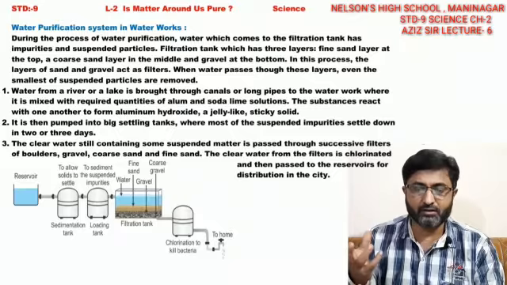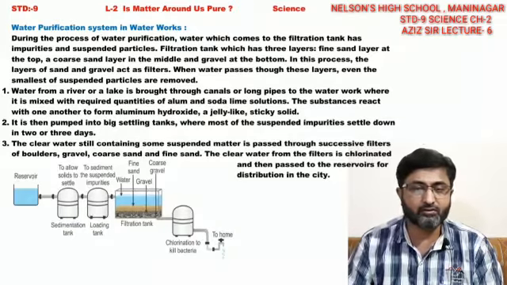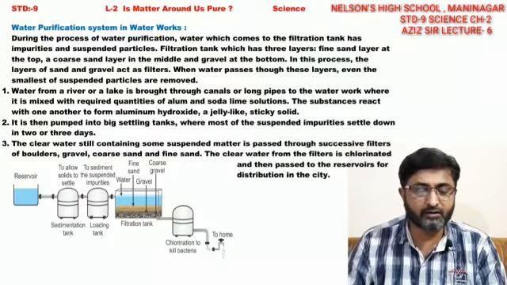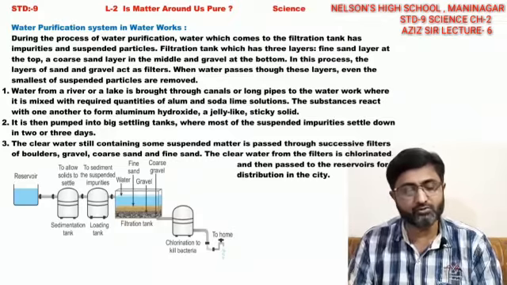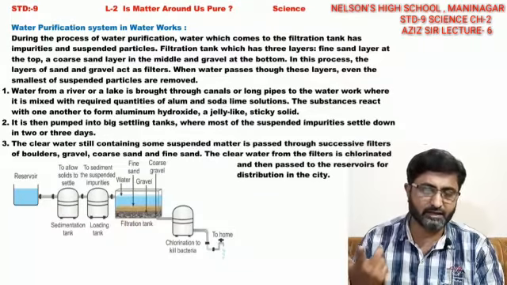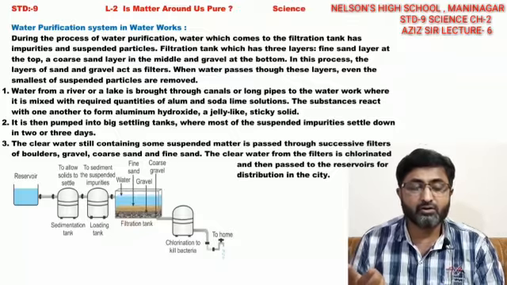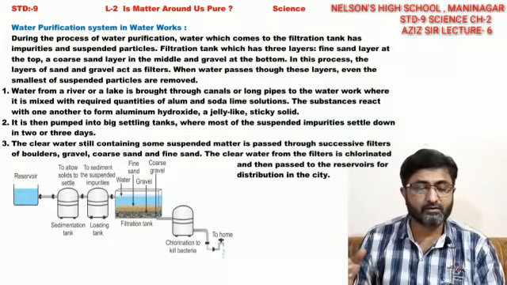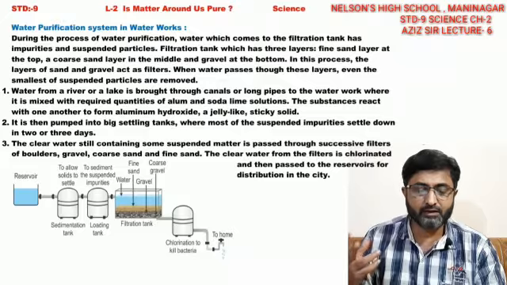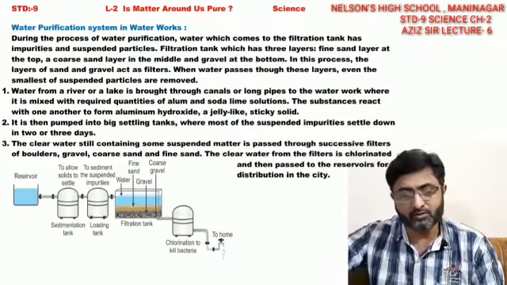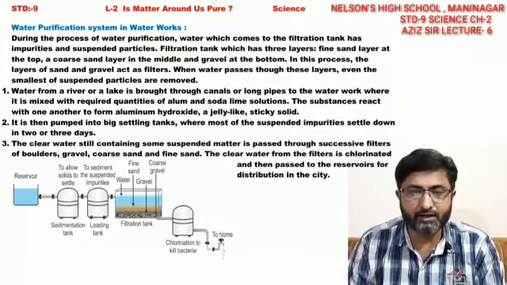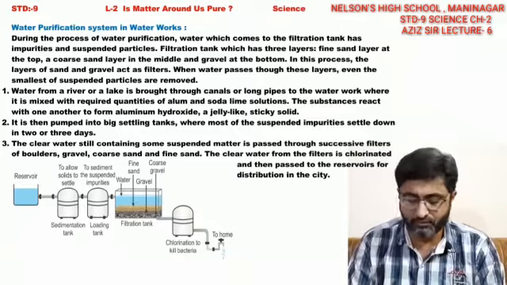Soda lime makes a white, jelly-like aluminum hydroxide, a jelly-like substance which can settle down further. Then settling in the tank happens, as I told you, and it passes through three layers: first fine sand, second coarse sand with larger particles, and lastly gravel, which are larger stones. Furthermore it is passed through the chlorine tank, where it is chlorinated and becomes germ free and ready for drinking purposes.